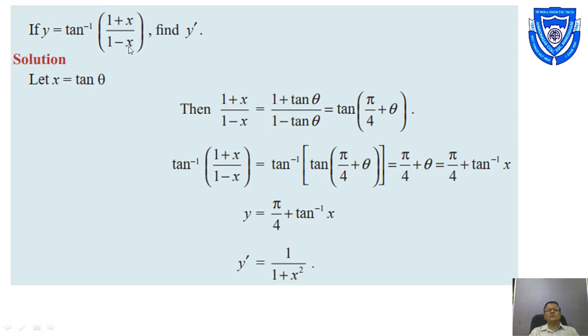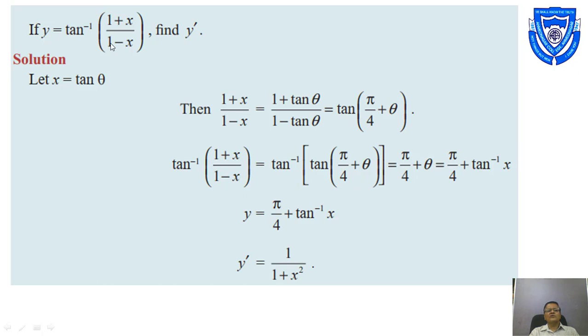Already we have done this problem. Again it has come here, but here I have used another method, an alternative method. If we put x is equal to tan theta, then this given expression 1 plus x upon 1 minus x becomes 1 plus tan theta upon 1 minus tan theta. This is the expansion of tan of pi by 4 plus theta.